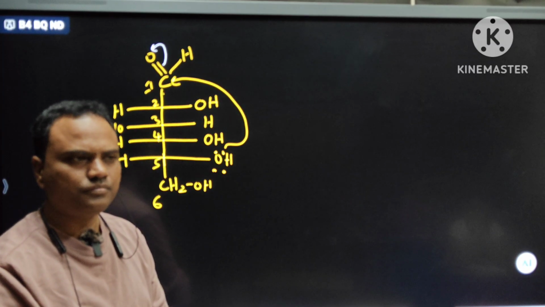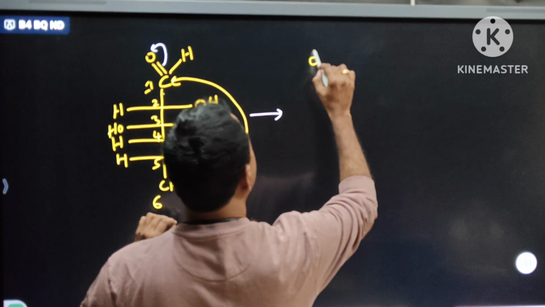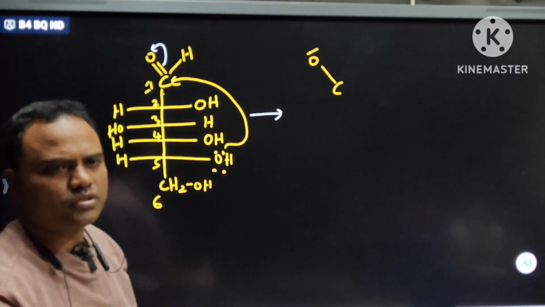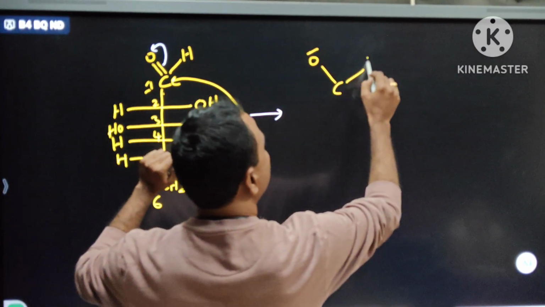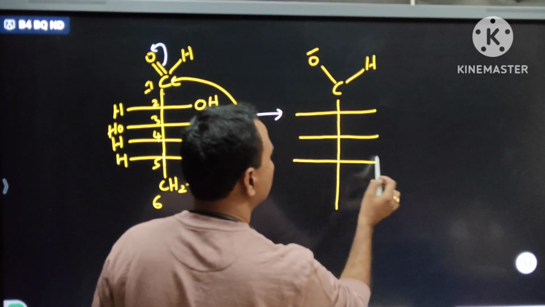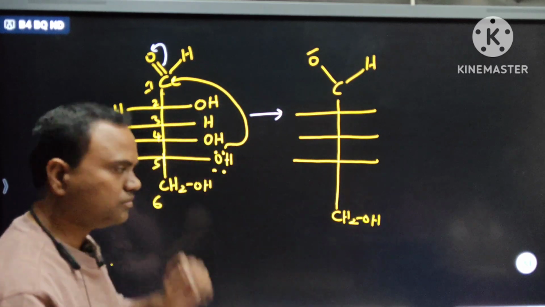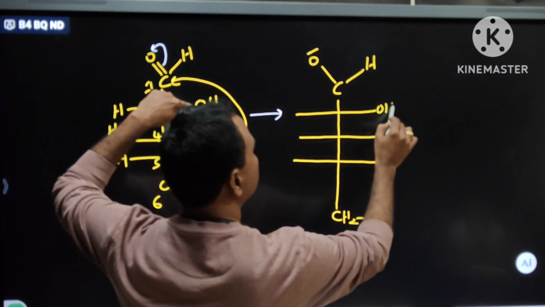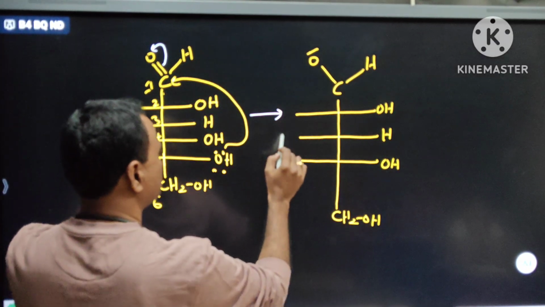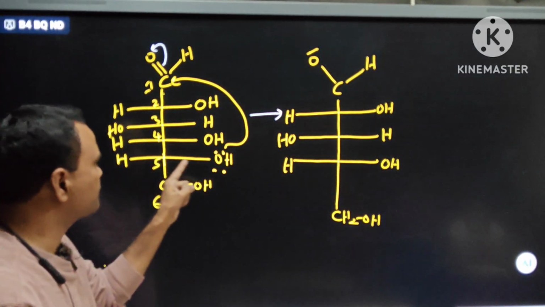Okay. Then C, oxygen with a negative or positive? The bond is shifting to oxygen, so negative charge. H. How many horizontal lines? 1, 2, 3. Let us write 4 later. Okay. These structures are as they are: OH, H, OH, H, OH, and H. Right. Now look at this.